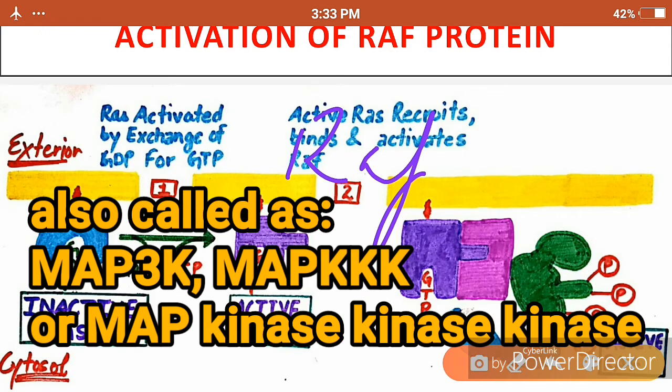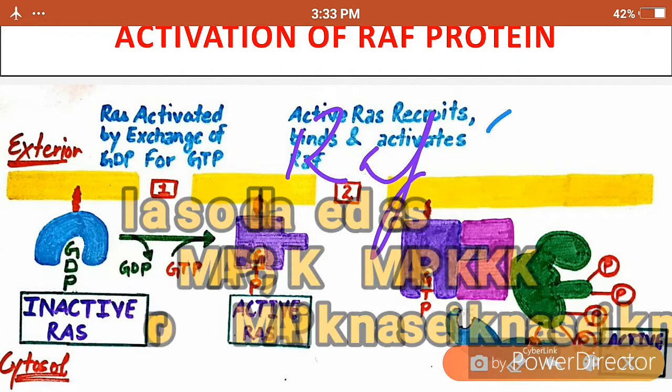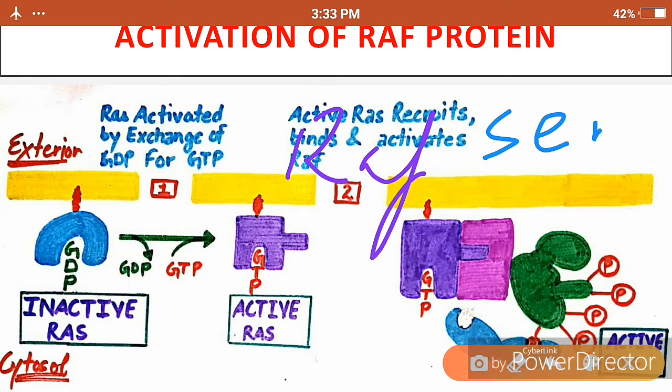This becomes activated by the action of RAS. Okay, RAF is a serine threonine kinase. Now we want to know how it becomes active and who is responsible for the inactivation of this RAF protein initially. This RAF protein is actually the central point in regulation of this whole pathway.